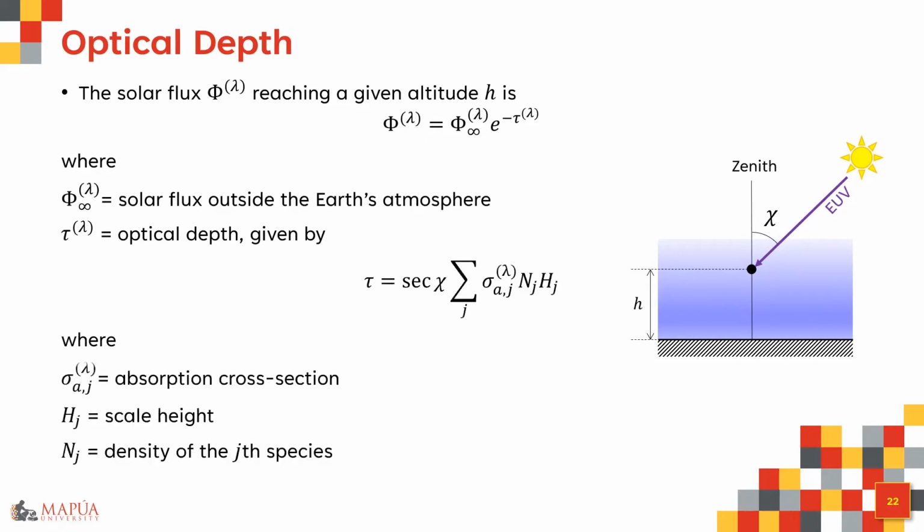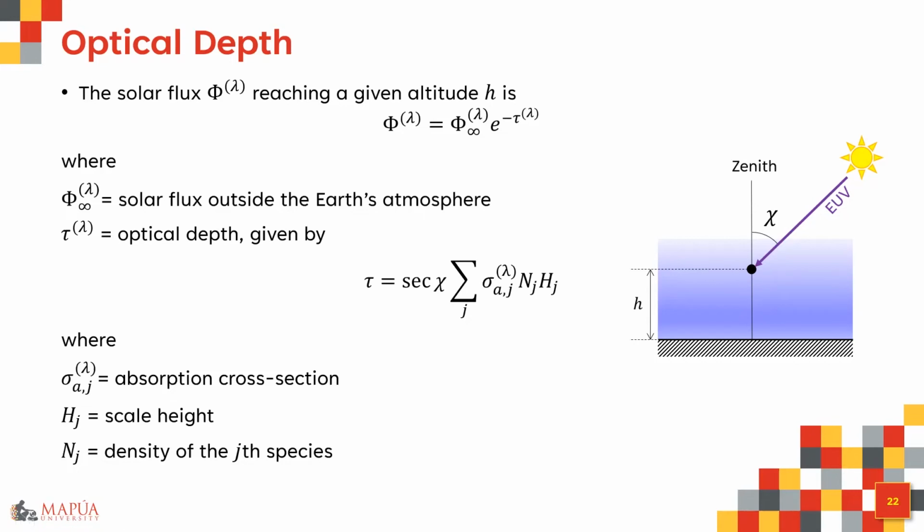So that means optical depth is a function of the following. It's a function of the scale height, where the particle is, because the height will also dictate how much energy has already been absorbed, and of the density, so how many of that specific gas molecule are present.